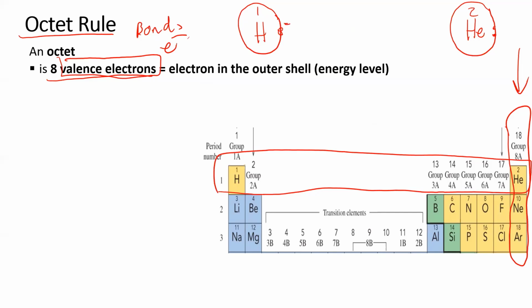Once I get to lithium, it has 3 protons, so it has to have 3 electrons. Now there's a problem. That first shell is so close to the nucleus that when we go to lithium, it can only fit 2 electrons.